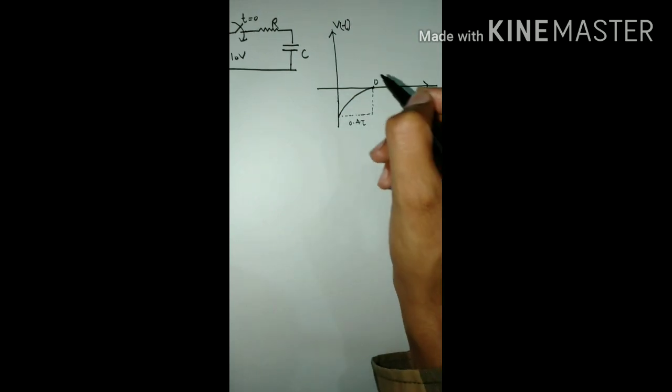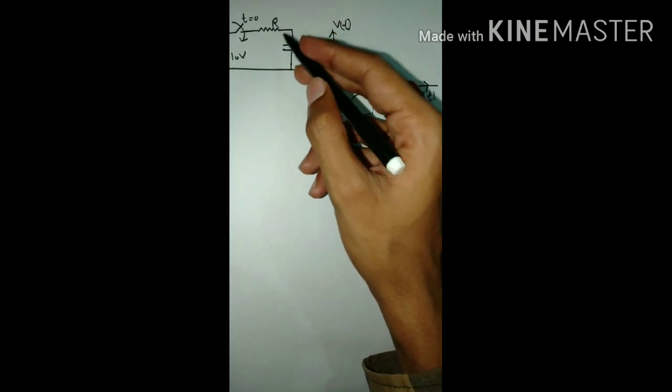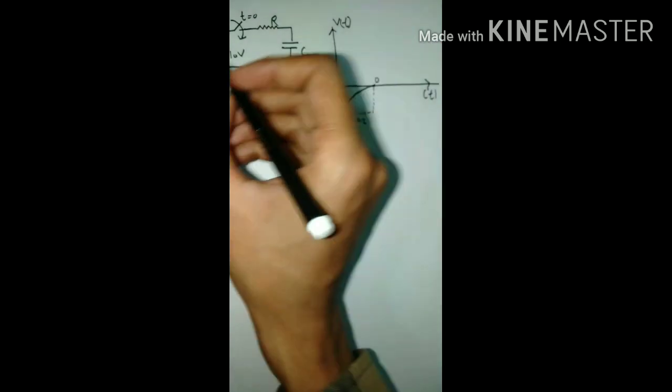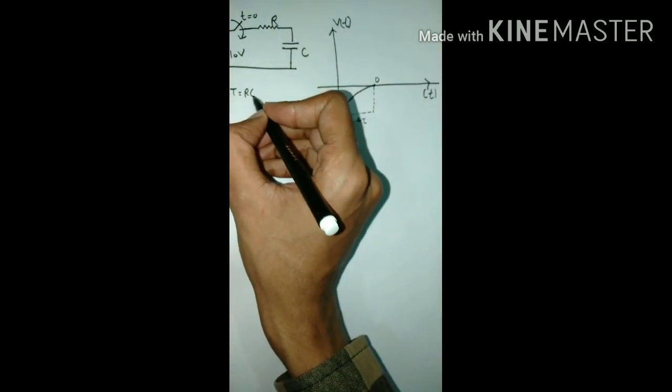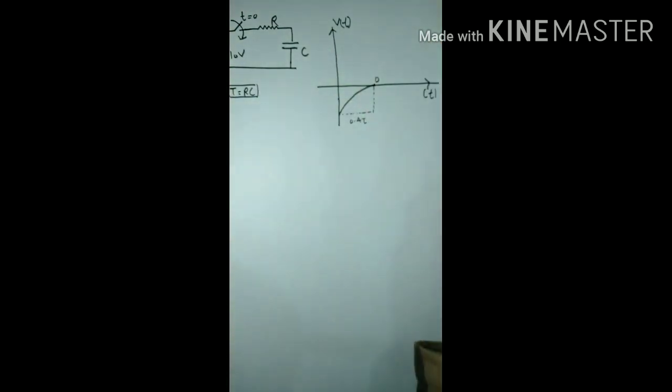Tau is the time constant of this circuit. Tau is equal to RC. We know that time constant of RC circuit, tau equal to RC.